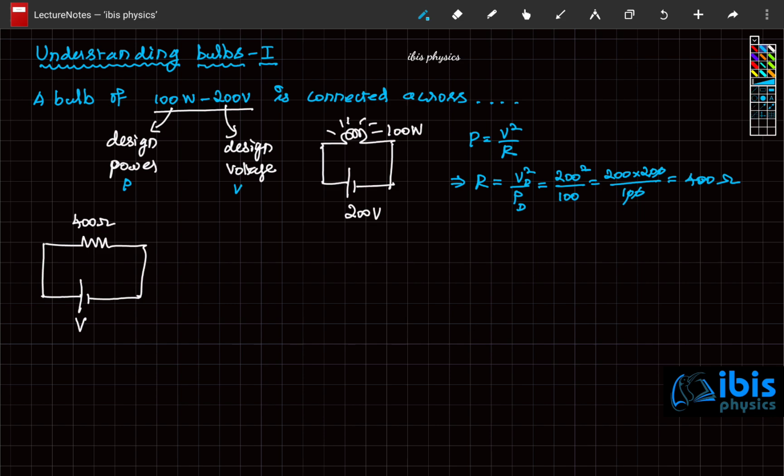The next thing is, we also know that power is equal to VI. Using this, I is equal to P by V. Here the design power is 100 watt and the design voltage is 200 volt. So 100 by 200, which is 1 by 2 ampere, or in other words 0.5 ampere. This is the maximum current the bulb can withstand.